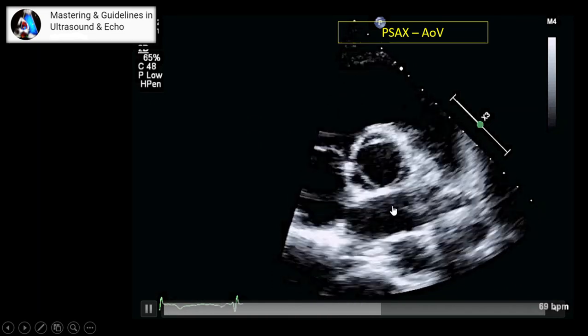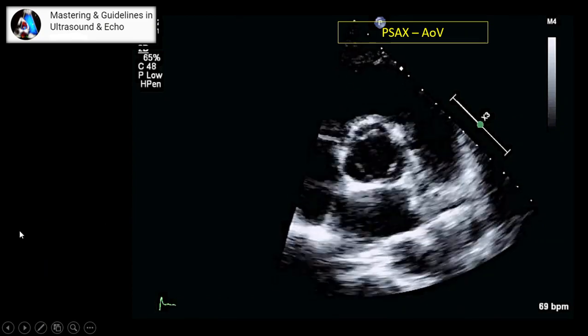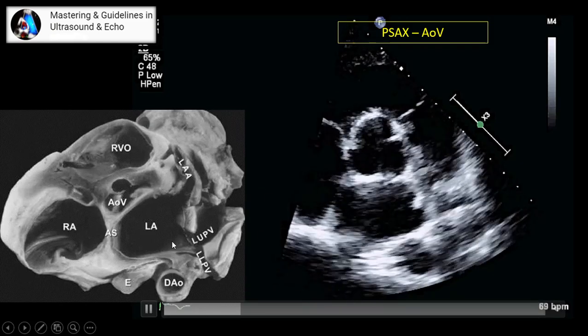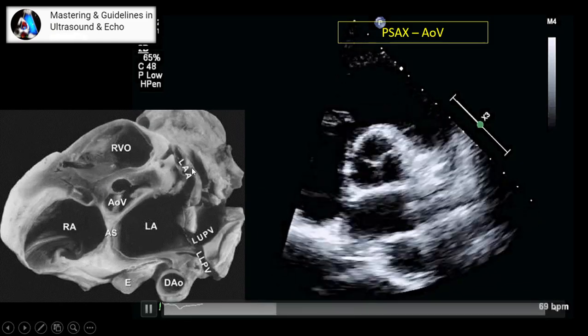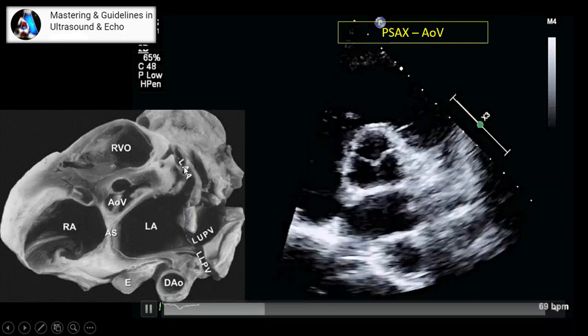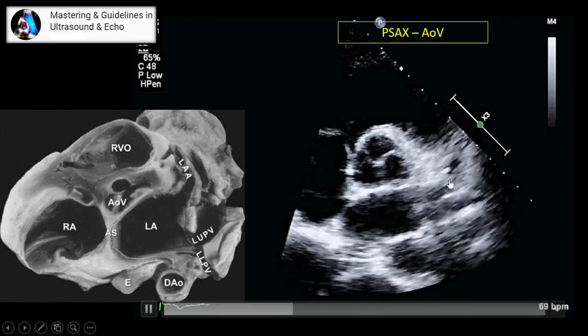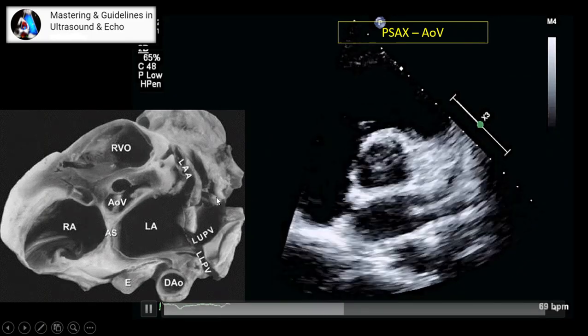the descending thoracic artery that goes posterior to the left atrium, and sometimes you will see the left atrial auricle or appendage, as you see here in this cross section of the heart, this reverse L shape. This one is the left atrial auricle or appendage.